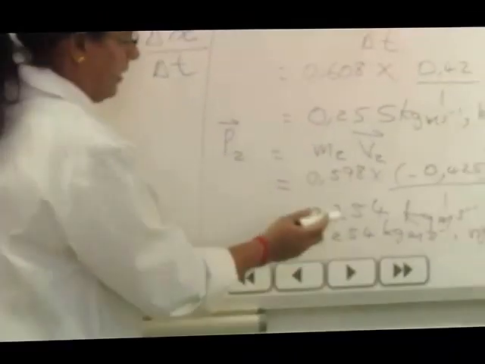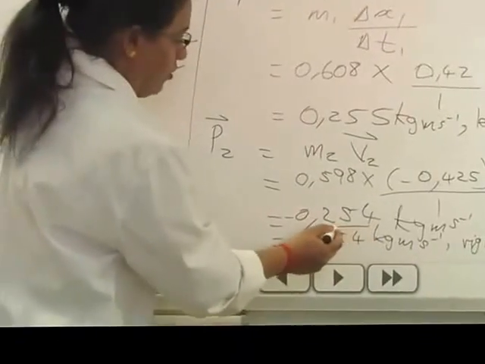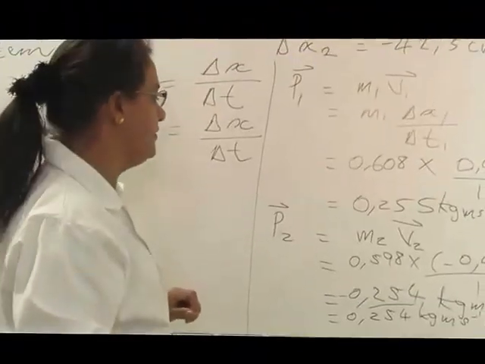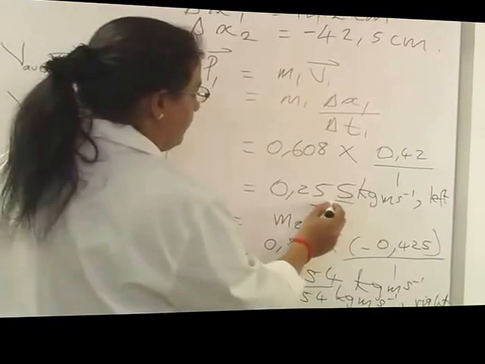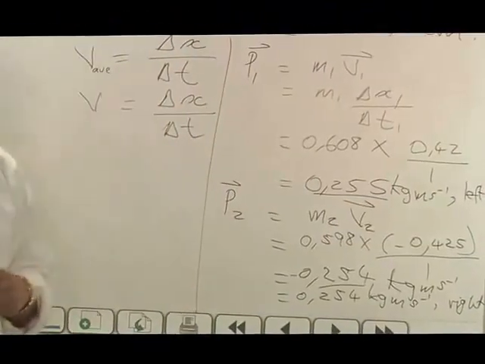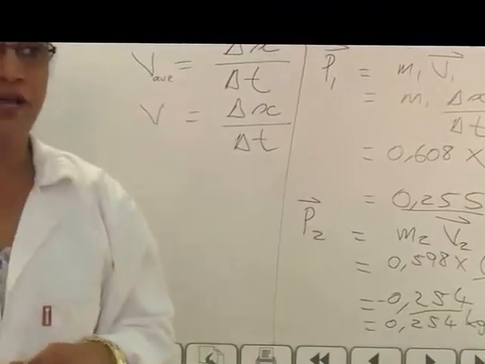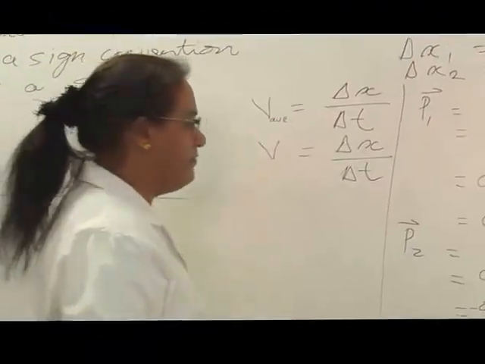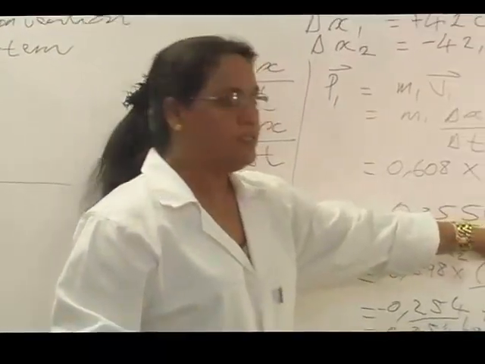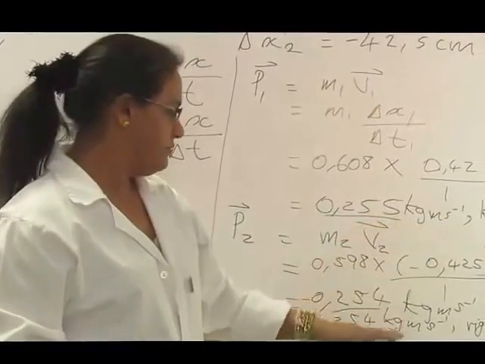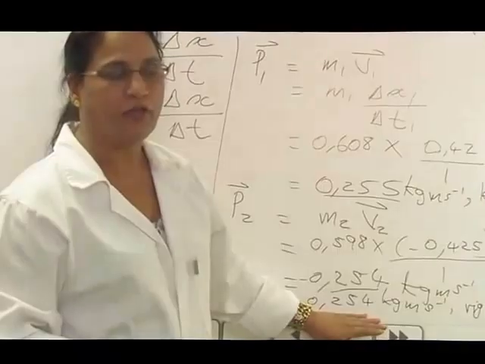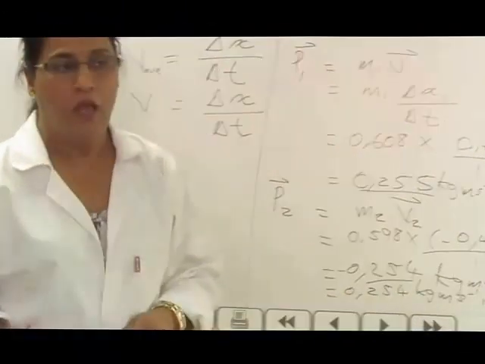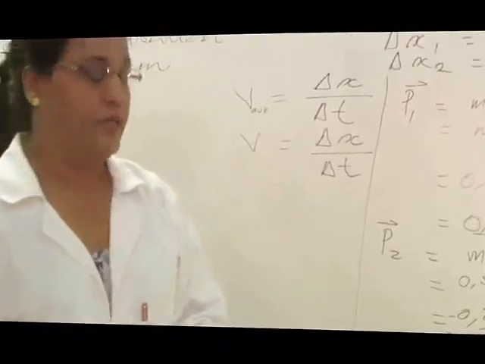If we look at these two values, the 0,254 negative and the 0,255 positive, you notice that if we add them algebraically, we will get a resultant of 0. Even if we add them vectorially, because this is a vector pointing to the left on the same straight line as this vector pointing to the right, the two vectors would add up to give you approximately 0.